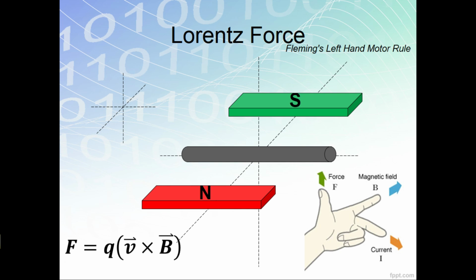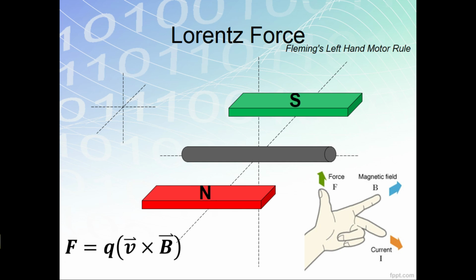While with the Lorentz force equation, we can calculate the magnitude and the direction of the force by taking the vector product of the velocity and the magnetic field. The result of the vector product of two vectors is a vector that is perpendicular to the two vectors. So the velocity here is the velocity of the charge, and B is the external magnetic field.